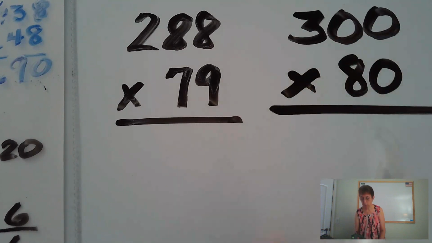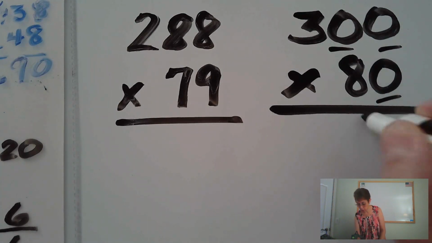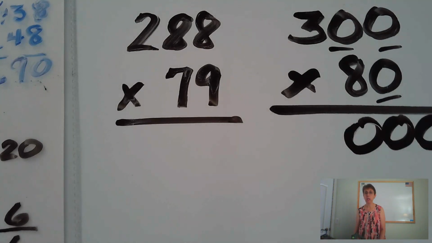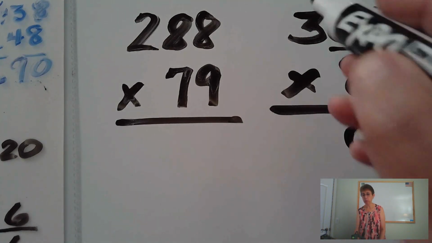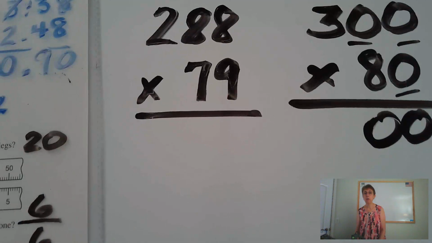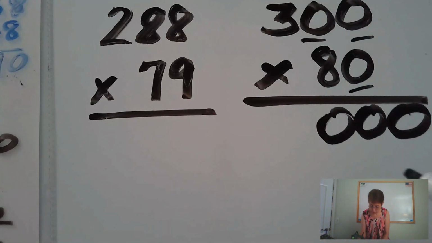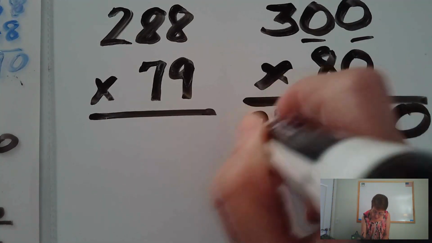So now you multiply 300 times 80. Well, you see that you have zeros. You have 3 zeros, 1, 2, 3 zeros right here in your product. And then you simply have your basic fact of 3 times 8. And 3 times 8 is 24.